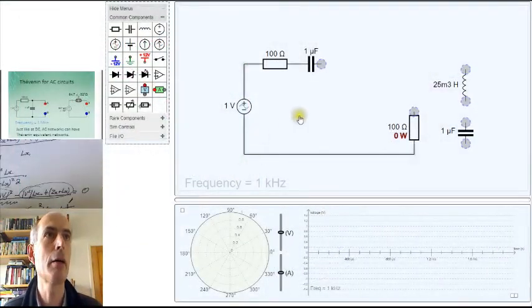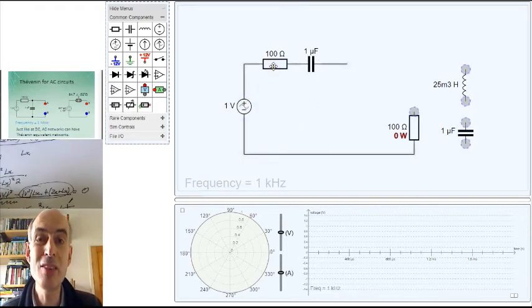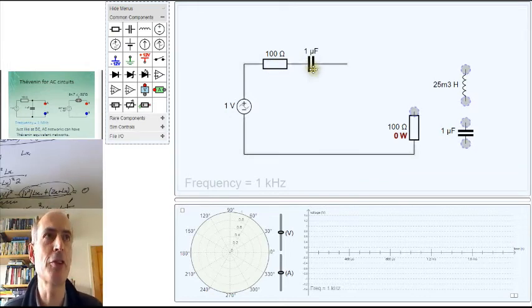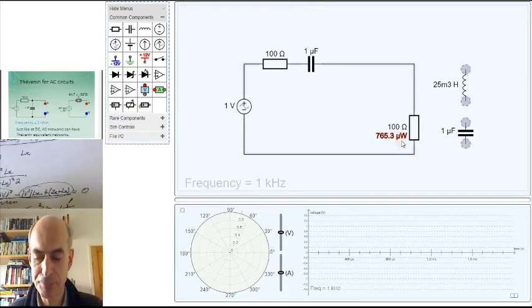We can see this working. Here I have a source, which is a 1 volt source, going through a source impedance of a 100 ohm resistor in series with a 1 microfarad capacitor. And if I just attach a 100 ohm resistance as the load, then the total power dissipated in the load is 765 microwatts.